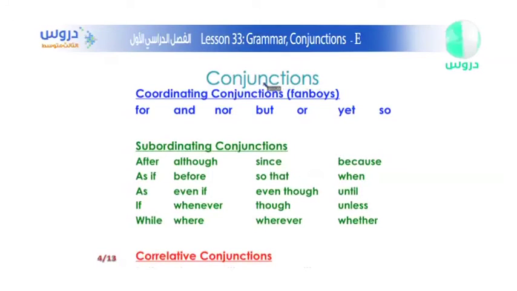Okay, conjunctions. Coordinating conjunctions, fanboys. For, and, nor, but, or, yet, and so. We call them fanboys because if we take the first letter of every conjunction, we will get the word fanboys, okay?